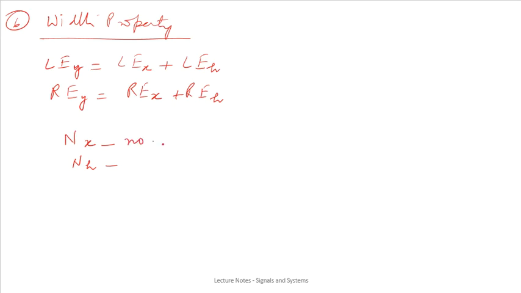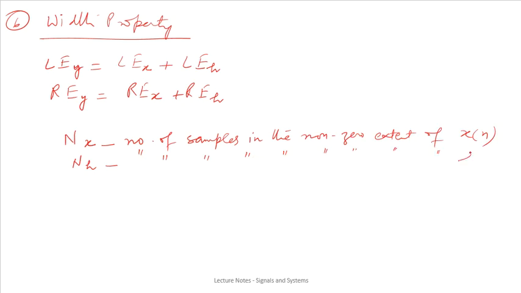So you can just write down here that this represents the number of samples in the non-zero extent of signal xn, and similarly this nh represents the number of samples in the non-zero extents of hn.